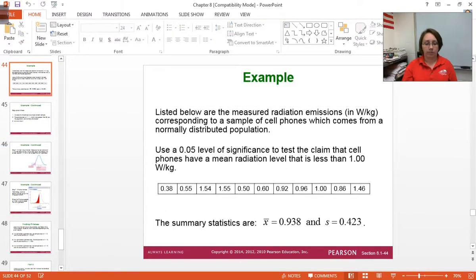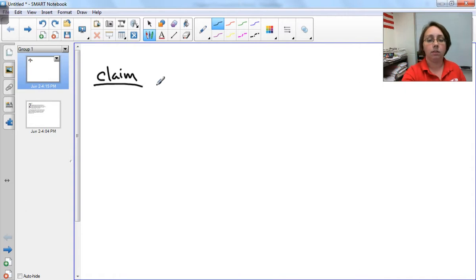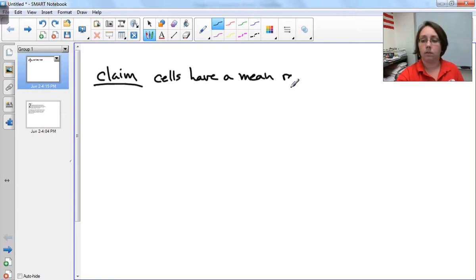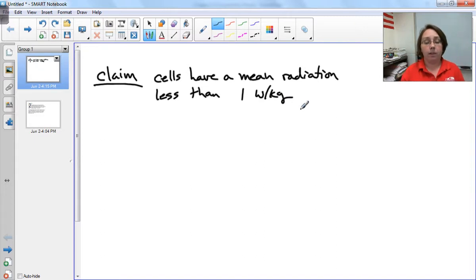So cell phones have a mean radiation less than 1, that's our claim.